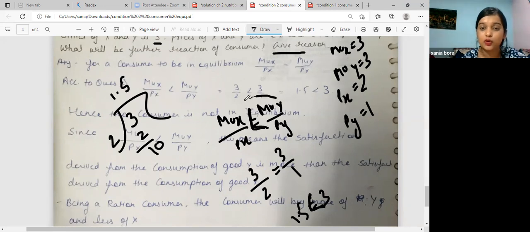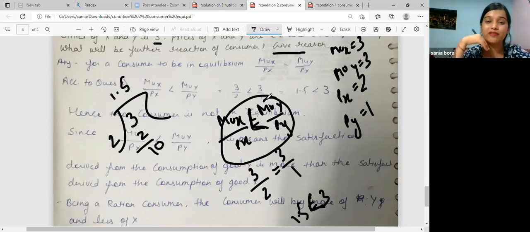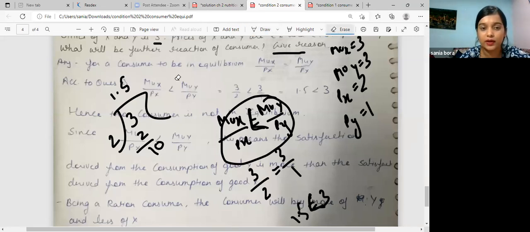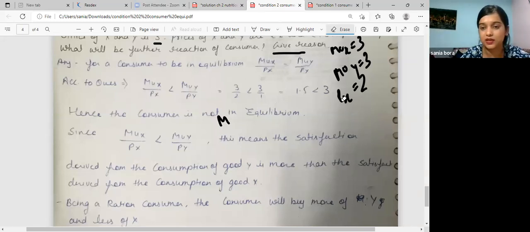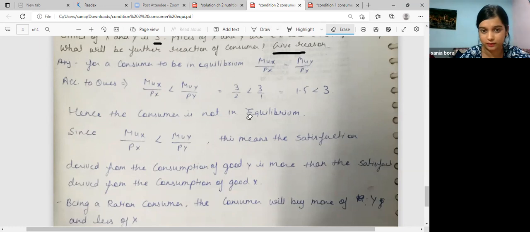You have to find this situation on your own. Nobody will come to you and tell you. You have to find the situation on your own, and then you know the condition. Clear? Yes, ma'am. Okay, so I'll give you an example, then a few questions so that you can solve them. Okay? So see.